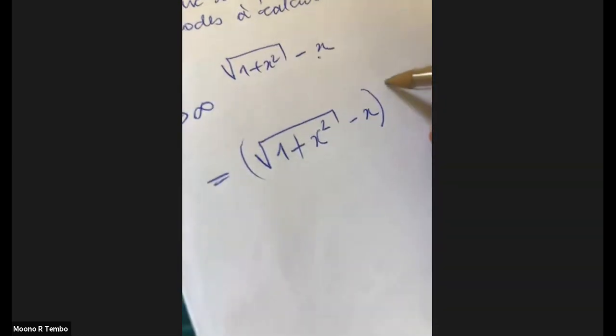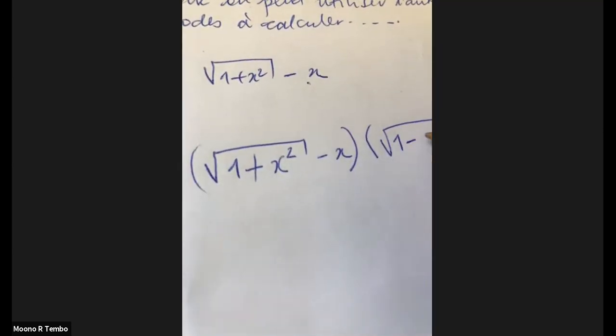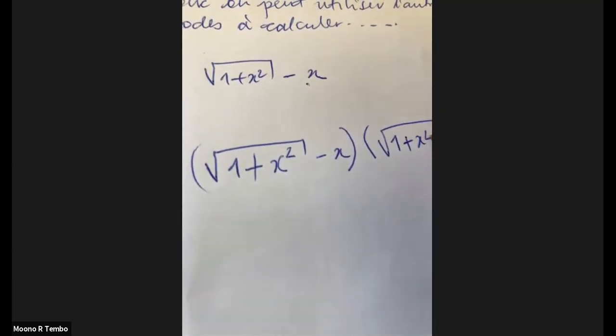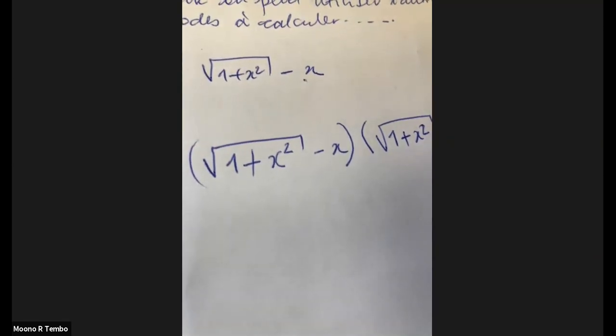So we have the square root of 1 plus x squared minus x, right? From here, we are going to find the opposite of this, the conjugate. So it's the square root of 1 plus x squared, and here it will be plus x.